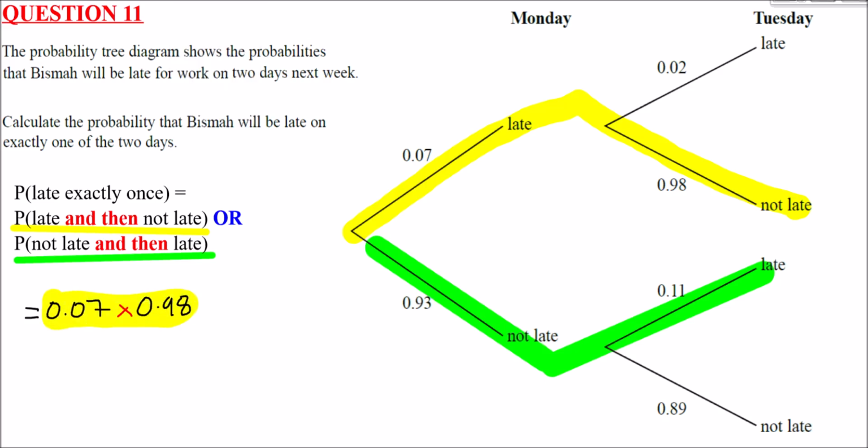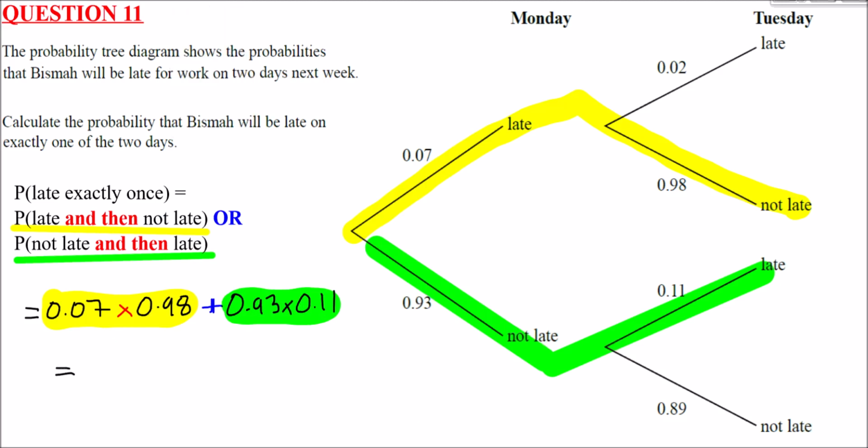And then "or", in this case, means we add also to that the probability of not being late, 0.93, multiplied by the probability of then being late, 0.11. So the next bit is 0.93 multiplied by 0.11. It's just a case of adding these together, and that's going to be our final probability.